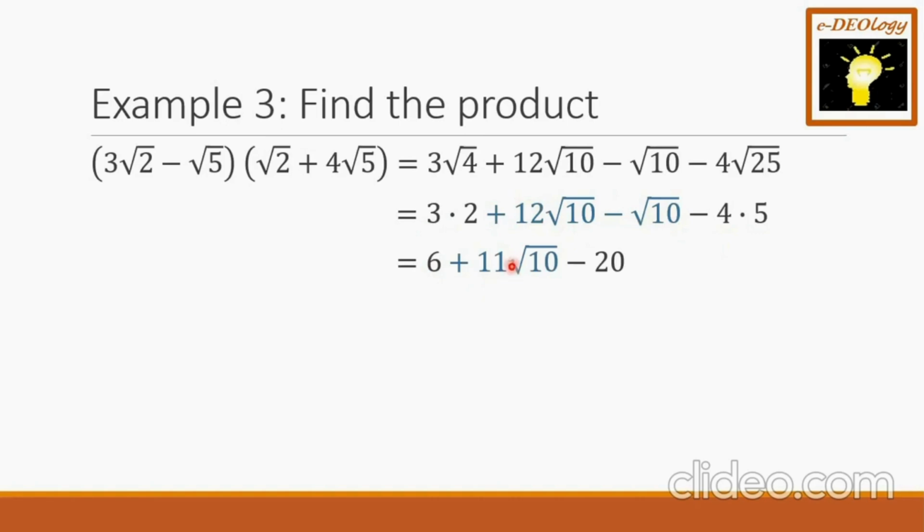And then copy the same radical, square root of 10. Then minus the product of 4 times 5 is 20. And in here we can combine the 6 and the negative 20 to be negative 14. Then we will copy this radical down here, plus 11 square root of 10. So this is our final answer.